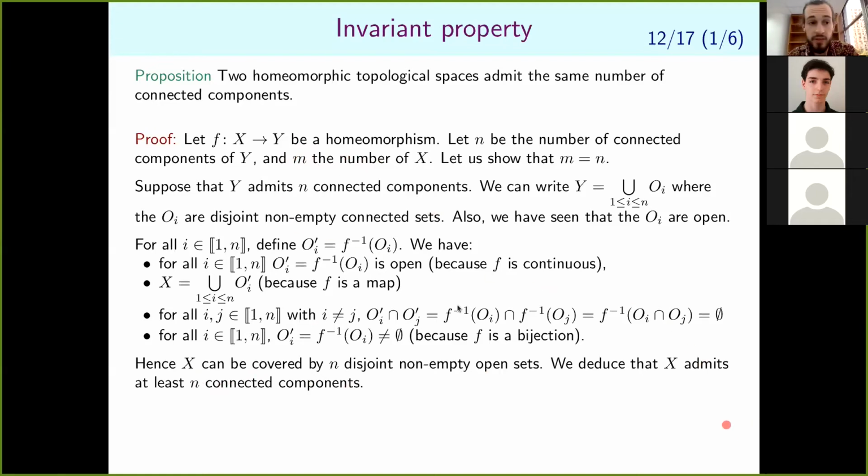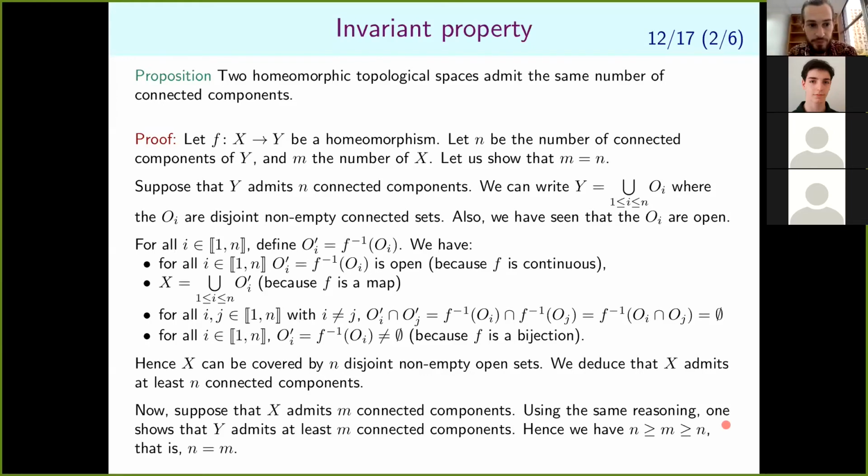But since F is a homeomorphism, we can do the same argument in the other direction. I just take the same proof and I replace Y by X and n by m, and I obtain that at the end, Y admits at least the same number of connected components as X. So we have these two inequalities.